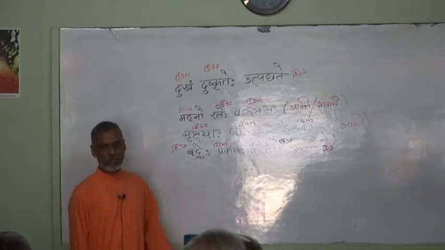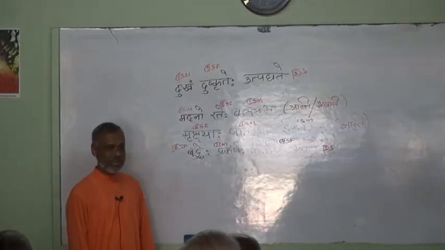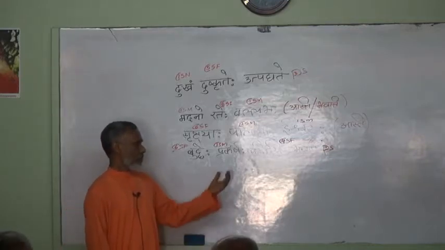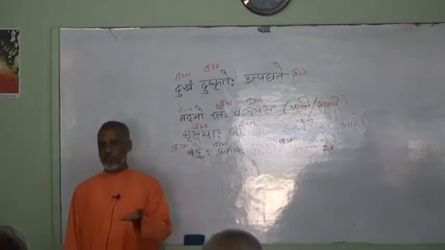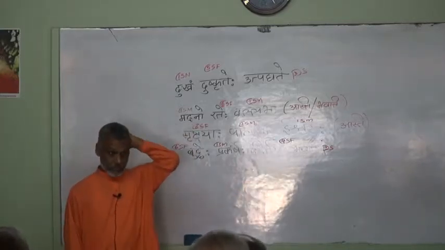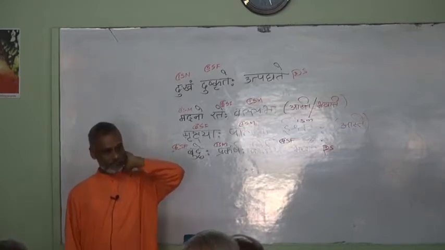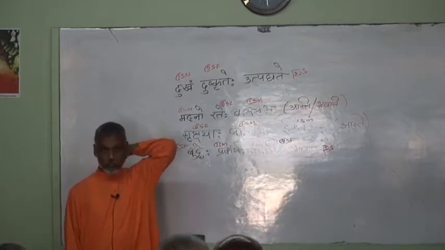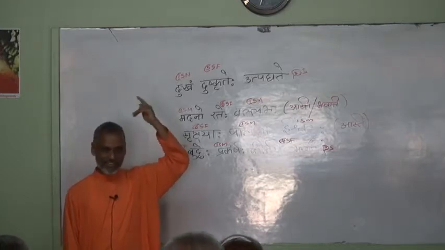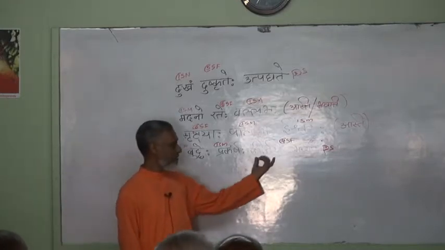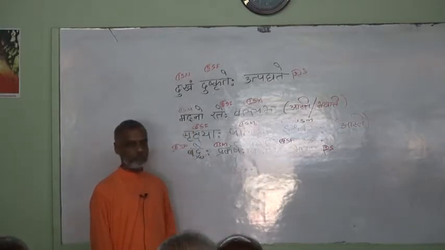Prakarsha also means intensity or strength, right? So kirtaye is kirti in fourth case, correct? So what will be the meaning of that? For fame, for eminence, for name and fame, or for fame.